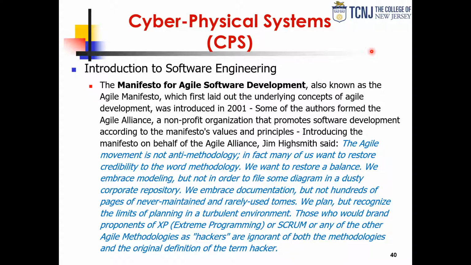The pendulum swung to the point that now we cannot do anything until we have an ironclad spec, and we cannot change the spec. And if we change the spec, that means we go back to square one and start the clock counting on the schedule and things like that.